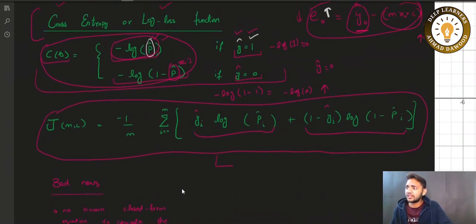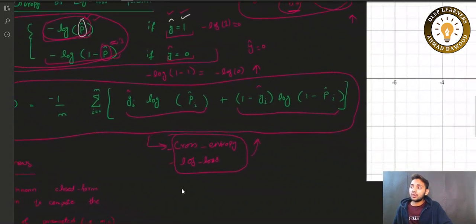Sometimes you will see in some books and sites this error function called cross entropy or log loss function. People are using these names simultaneously for that function.